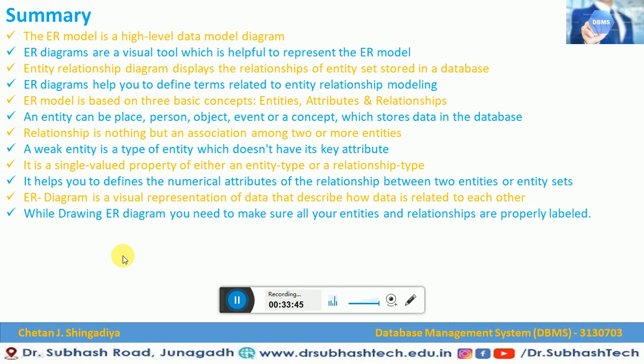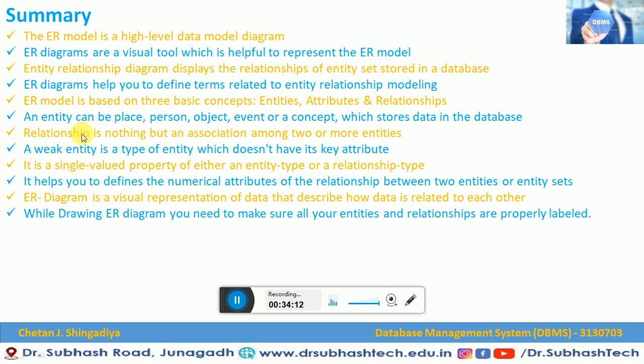ER diagrams also help to define the terms related to entity relationship modeling. The ER model is based on 3 basic components: entities, attributes and relationships. An entity can be a place, person, object, event, or a concept which stores data in a database. The relationship is nothing but the association among 2 or more entities.